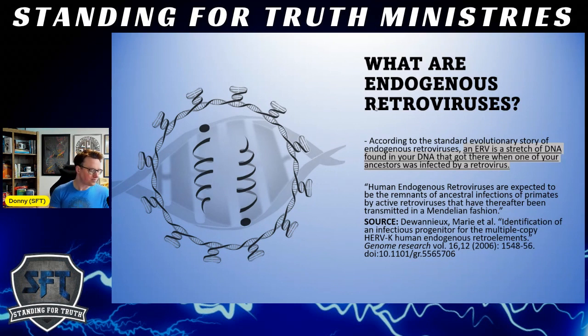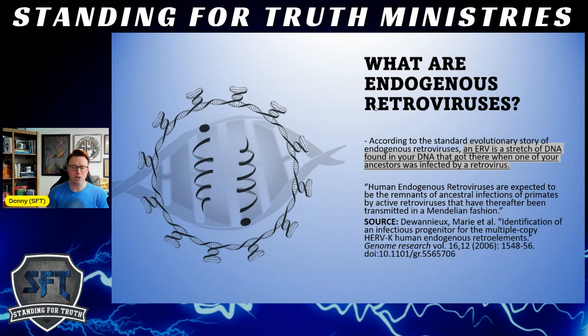And so the greater question that I like to ask is, are these really the ancient remnants of viral infections in the past? Or are they created units of DNA function? Both models, the evolutionary model and the separate ancestry model or special creation model, would have two very different expectations and predictions when it comes to answering that question. We'll get into that a little bit later.